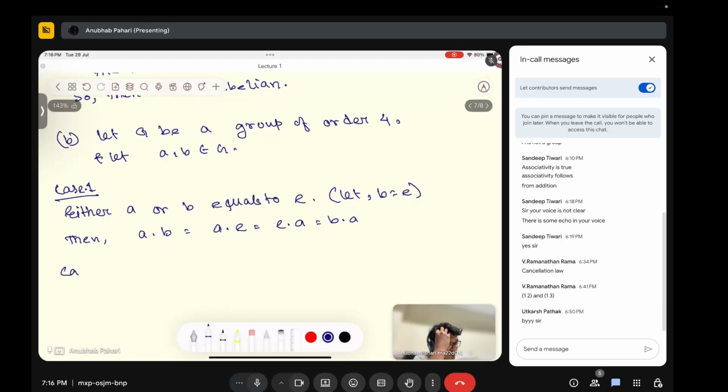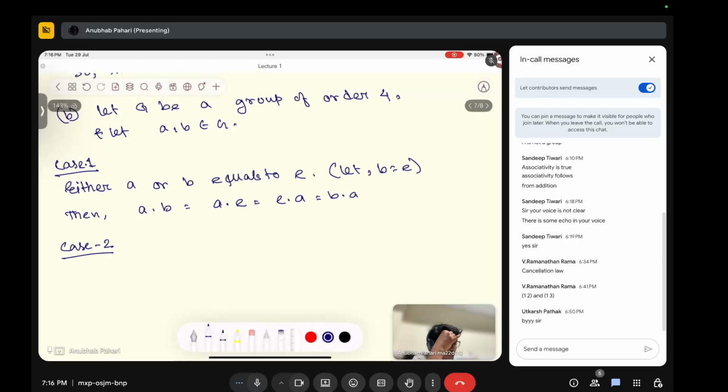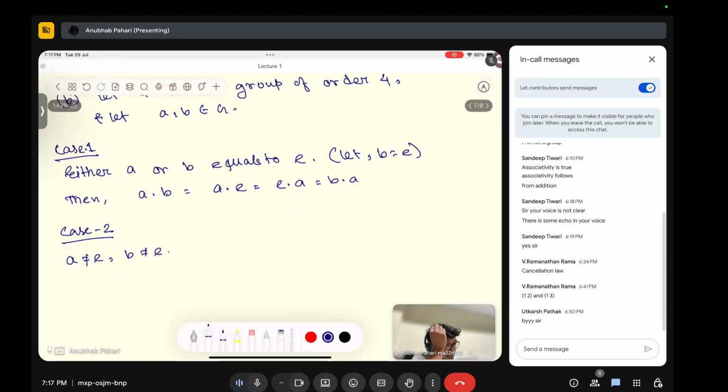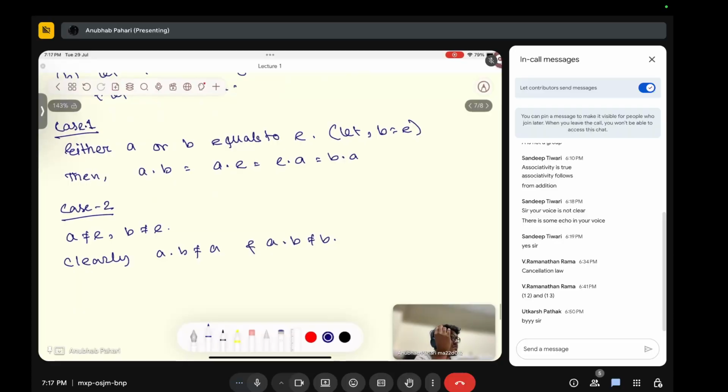Now we come to case 2, that is A not equal to E and B not equal to E. And clearly, like the previous case, A dot B is not equal to A and A dot B is not equal to B. But now G has four elements, right?